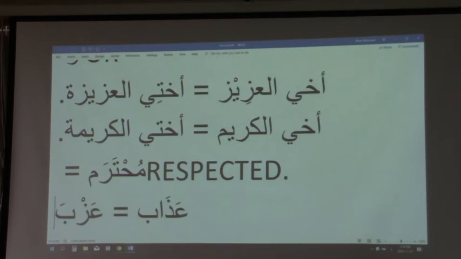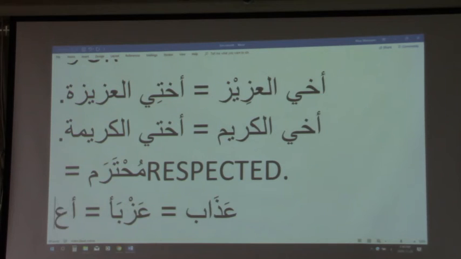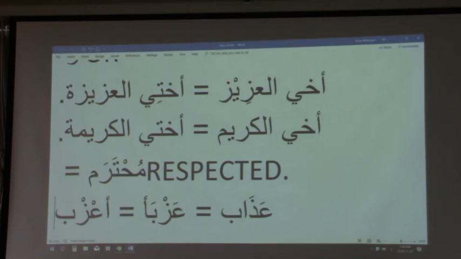Azba, we have azba for female. For male, you remember this when we did colors, when we wrote the hamza at the end? And for male, we wrote hamza at the beginning. Azab means bachelor, non-married.